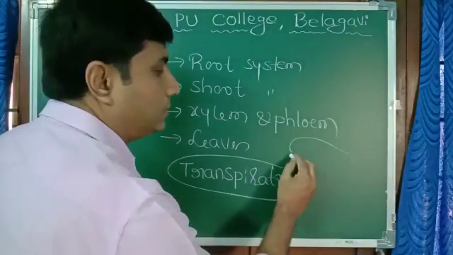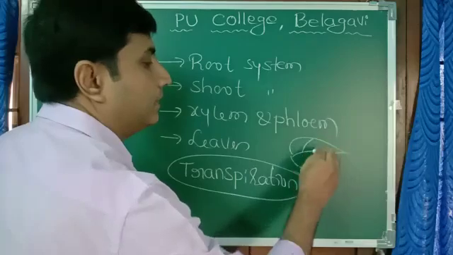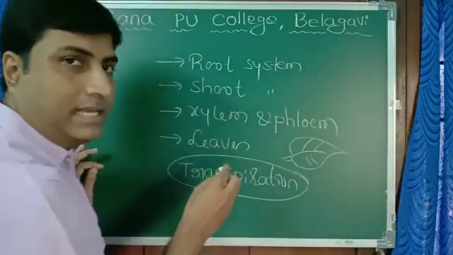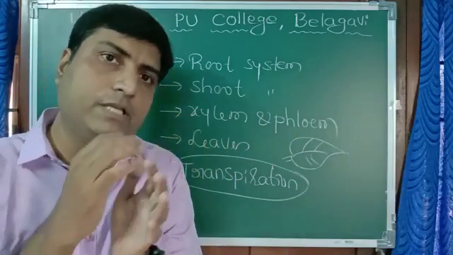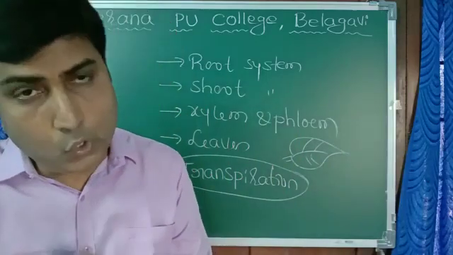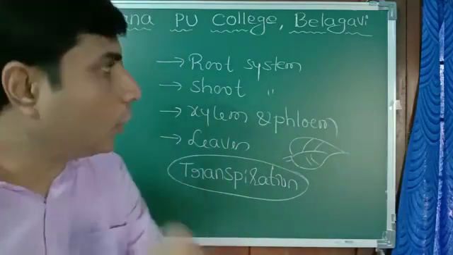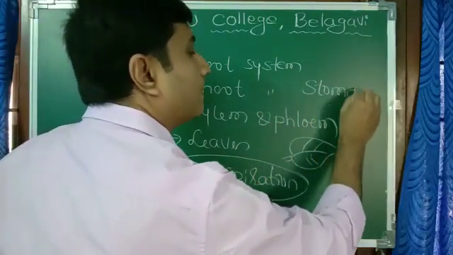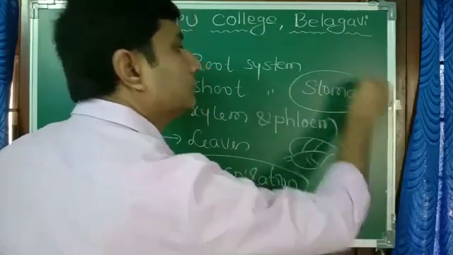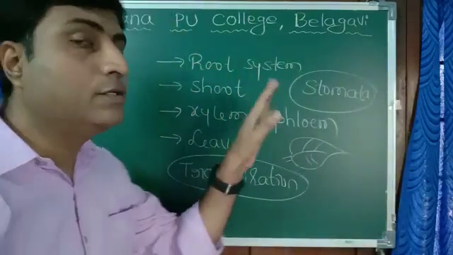On the surface of the leaf, generally on the lower surface, there are some minute openings, and those openings are called stomata.